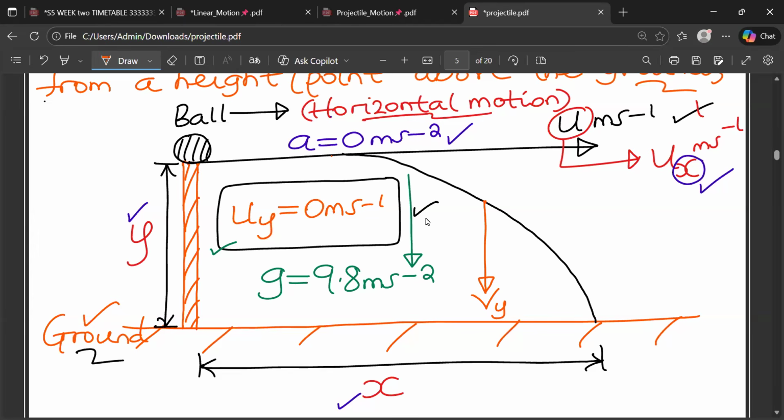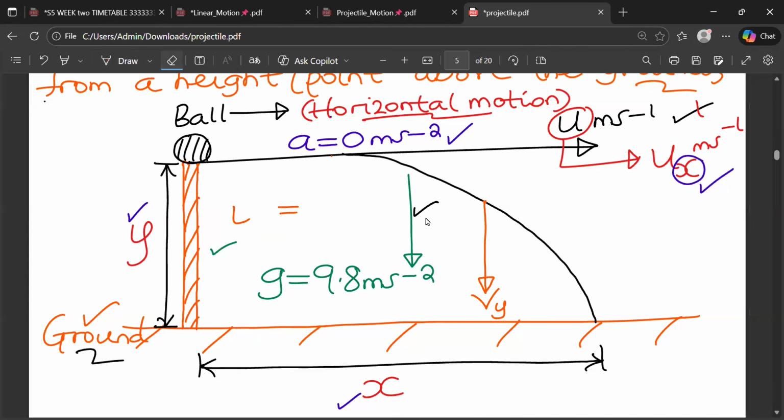Then, this is mechanics. Let me show people something here.